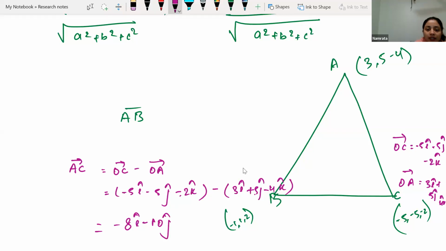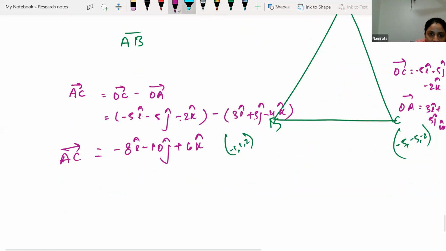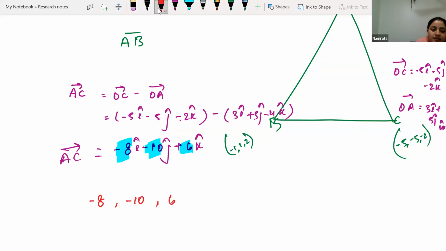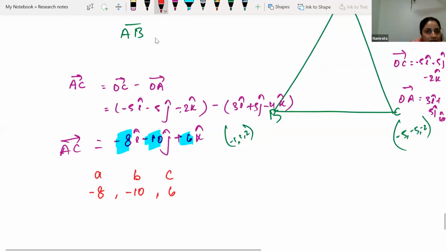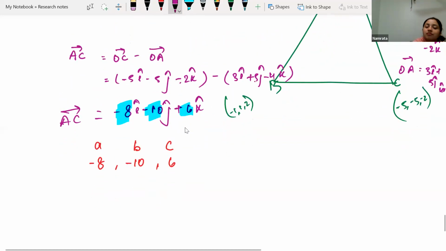Minus 2K, and here we are having plus 4K, that is plus 6K. So this is our equation of a line AC in vector form. Why did we do so? So that we will be getting this one. A value, B value, C value, that is called the direction ratio. So direction ratio over here is minus 8, minus 10 and 6. This is our A value, this is our B value, this is our C value. Do we want to find ABC? No, our main focus is to find L, M and N.